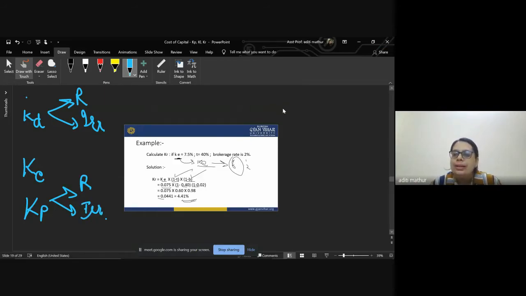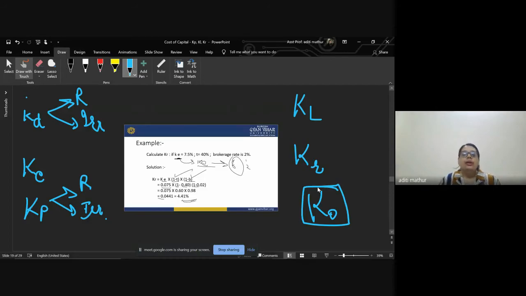We have also learned how to calculate cost of long-term loans and cost of retained earnings. And now in our next video, we will learn how to use all these different costs to calculate the overall cost of capital, that is KO.